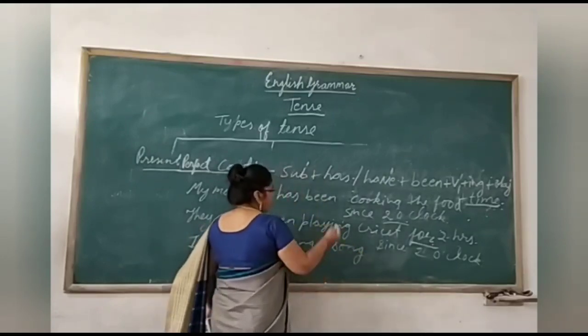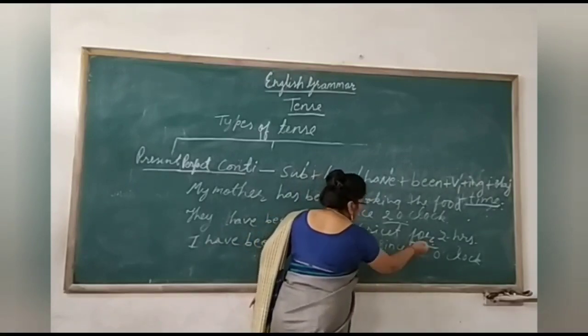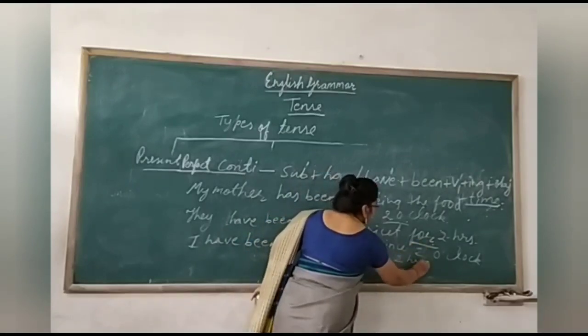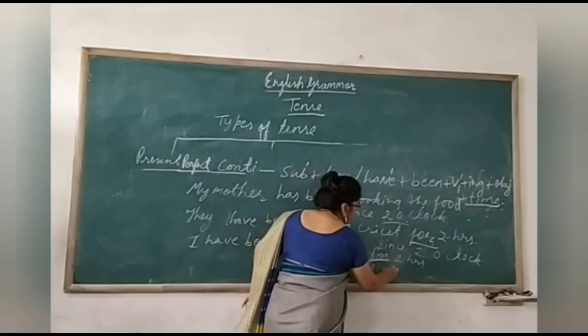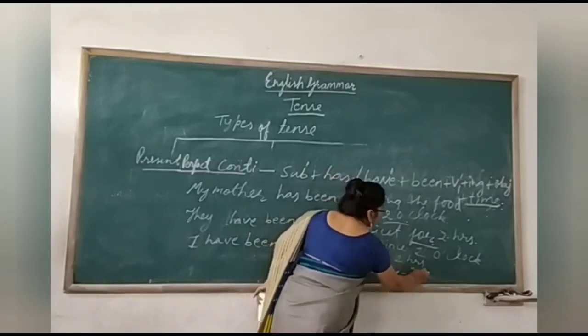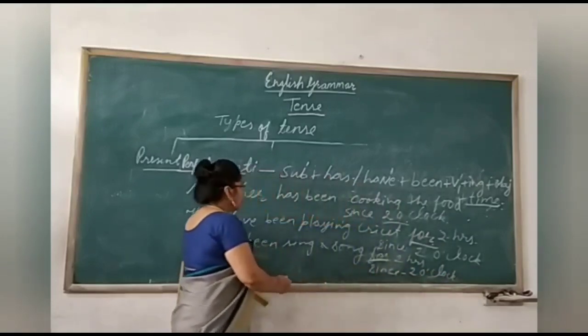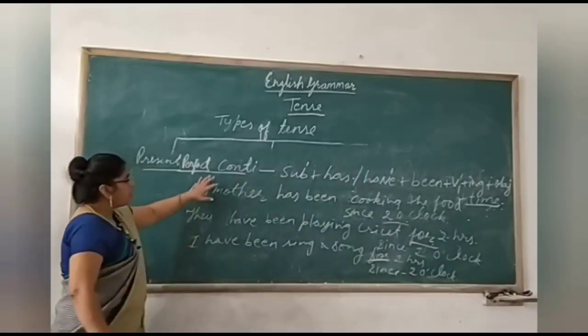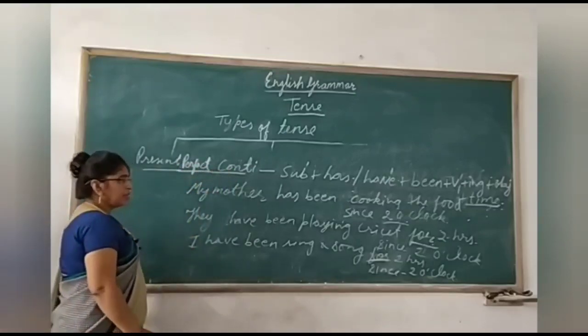If you want to write unfixed time, then write "for", the same way, for 2 hours. If you want to mention fixed time, instead of "for" you write "since". Clear? Since 2 o'clock. So this is the affirmative structure of present perfect continuous.